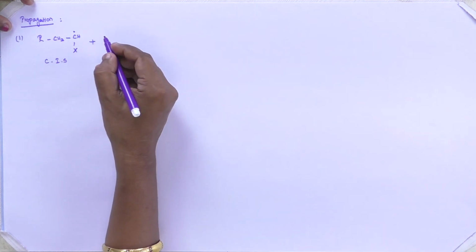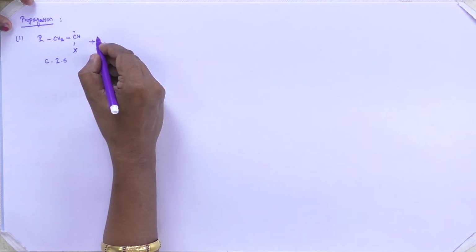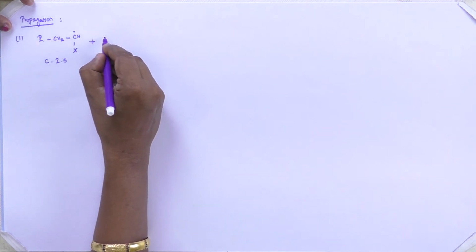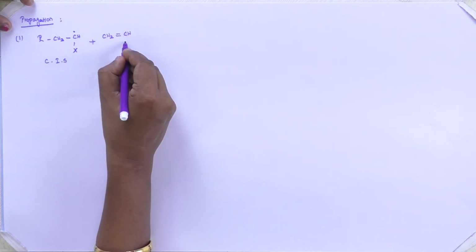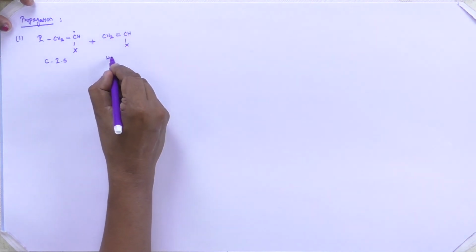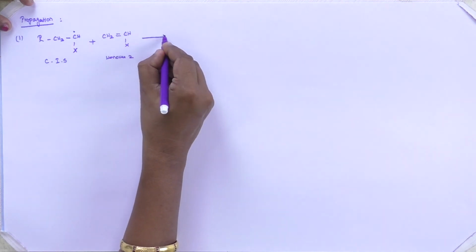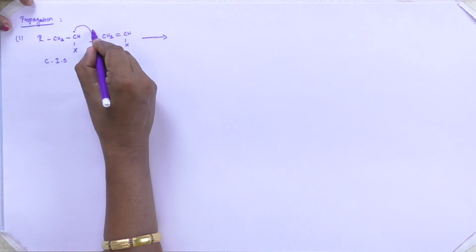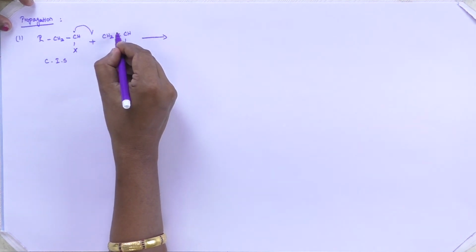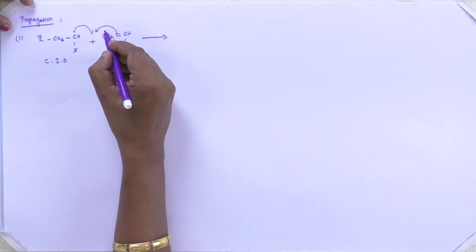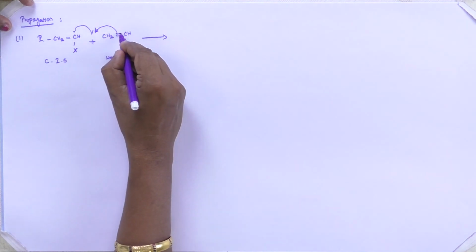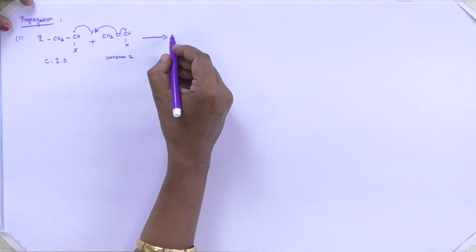Initially the first monomer was attacked in the initiation process, and now it attacks the second monomer, CH2 double bond CHX. One electron shifts here, another electron also shifts here, the pi electron is converted to a sigma bond, and there is a shift of the electron from here.